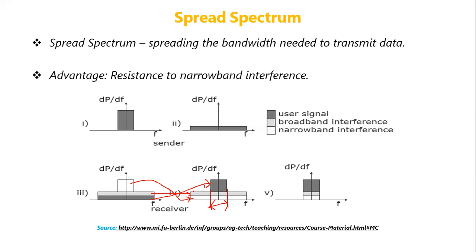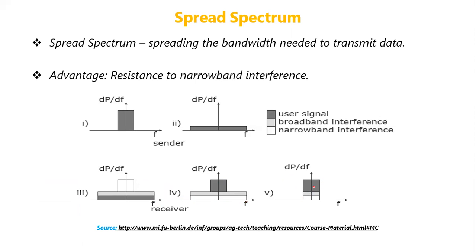Naturally, the extra broadband part, the stretched out, spread part, will all be cut away. So finally the receiver will have this kind of signal.